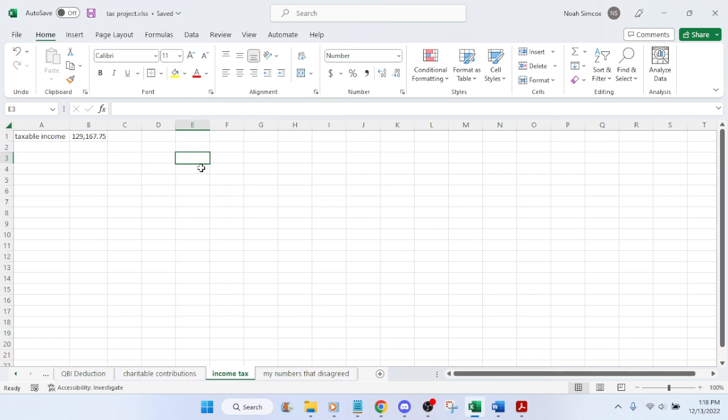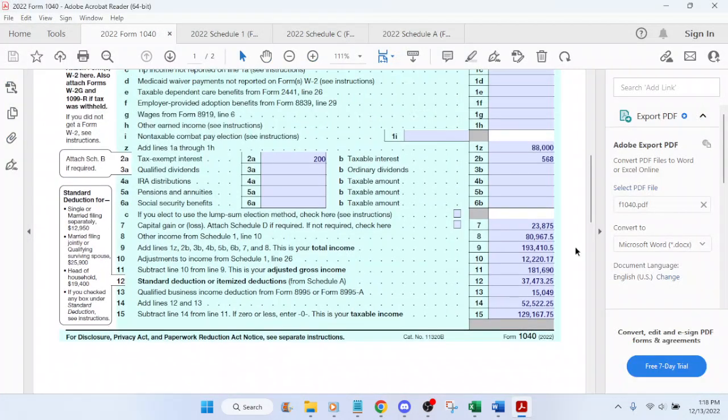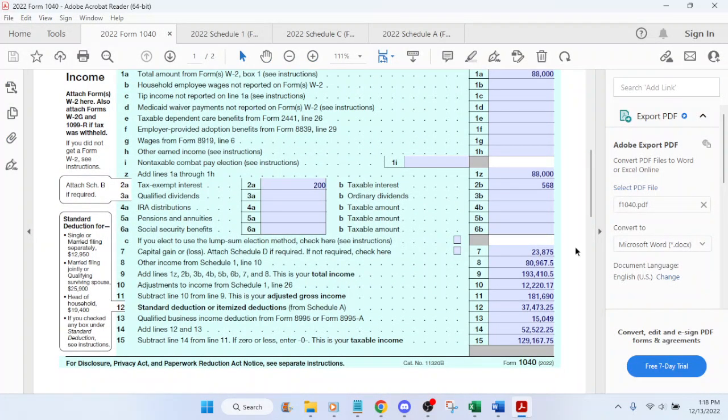Now what do you do? You must split it into capital gains and other things. You must split it into different categories of income. So we have capital gain, we have taxable interest.